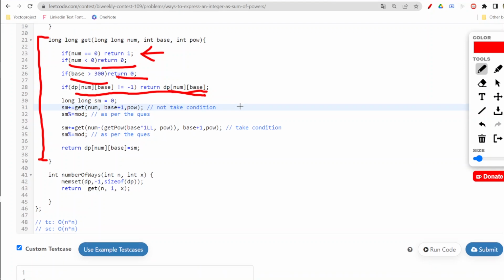So here now comes the part, because we are required to check what is that sum which is possible. Here sum refers to the number of ways which could be possible, right? So that is the only thing which we are doing here. So here we will be not taking that particular base at that point.